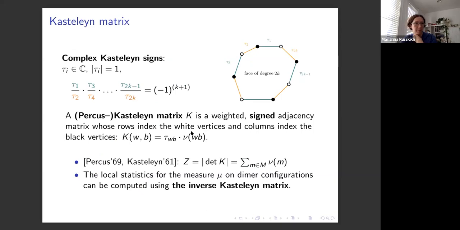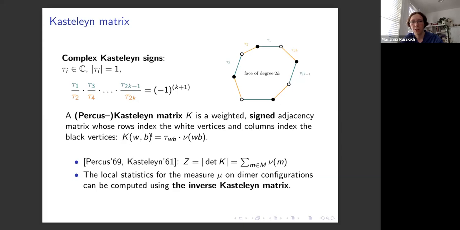Now one important object in the dimer model, which is the main object for us to study the height function, is the Kasteleyn matrix. So what is the Kasteleyn matrix? This is a weighted signed adjacency matrix whose rows are indexed by white vertices and columns indexed by black vertices.